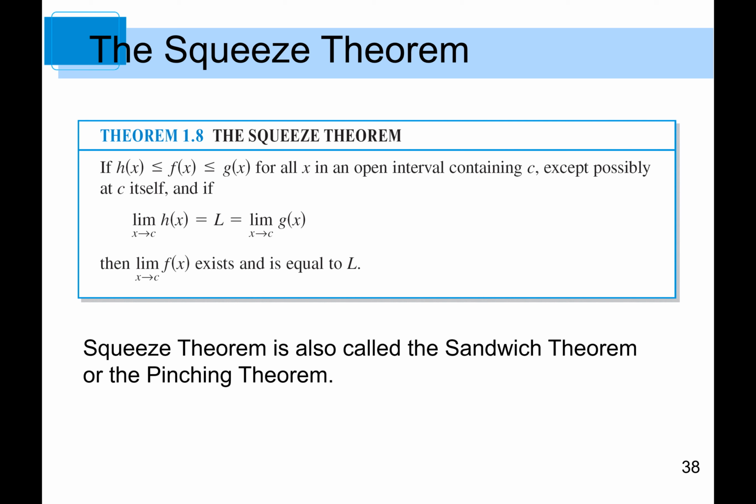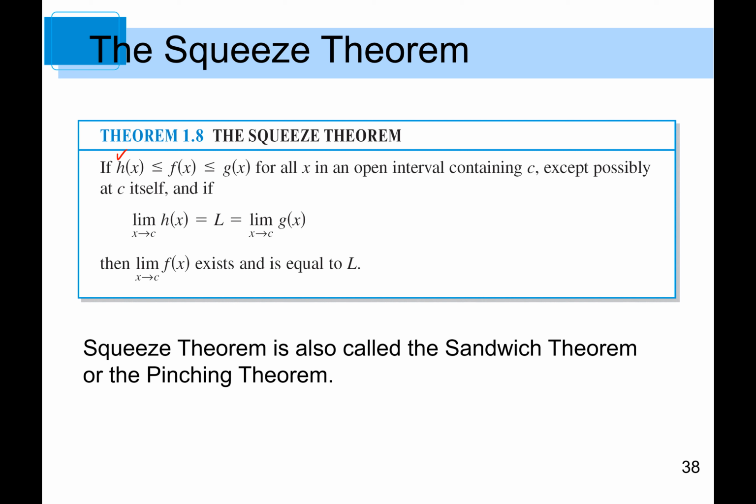So if h of x is less than or equal to f of x and less than or equal to g of x, for all x in the open interval, it's like three different layers: g of x is on the very top, f of x is in the middle, h of x is at the bottom.